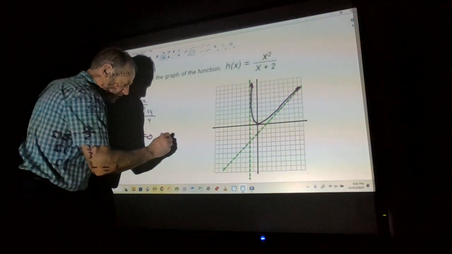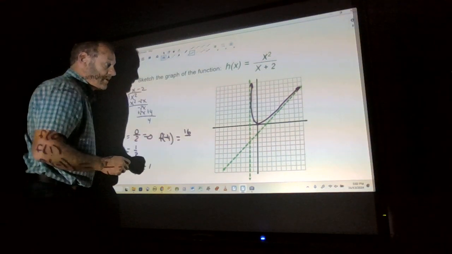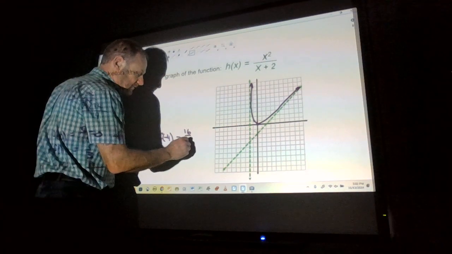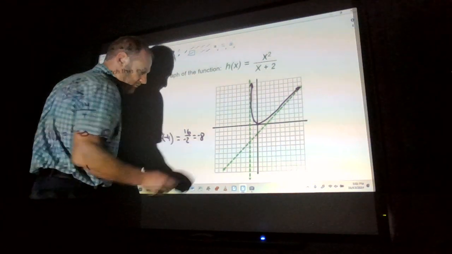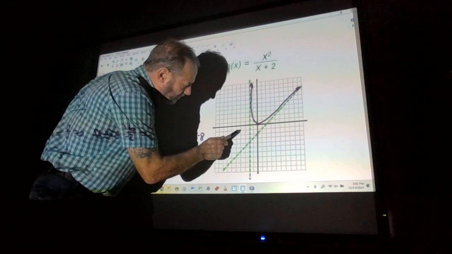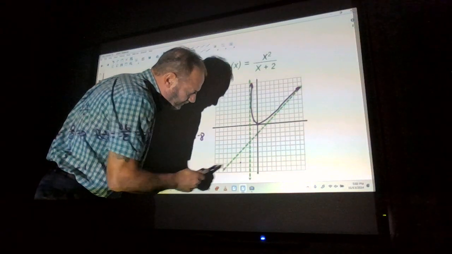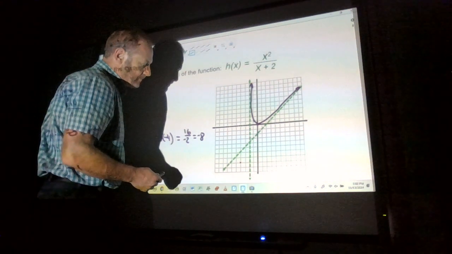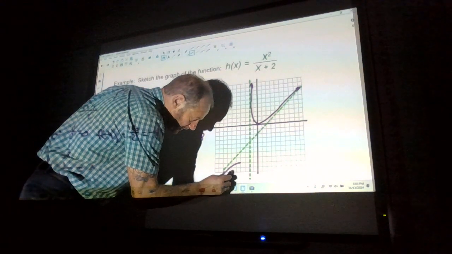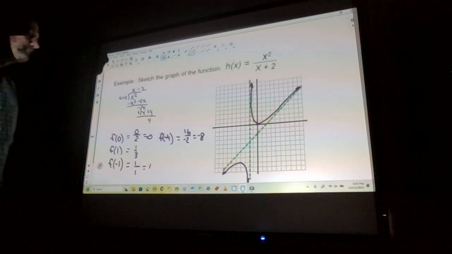F of -4. Okay, so that'd be 16 on the top. And that would be -4 plus 2, which is -2. That's going to be -8. That's going to be way down there. Let's see. -4, 1, 2, 3, 4, 5, 6, 7, 8. It's going to be right there. Okay. And this is going to go like this here. And it's going to go like that there.